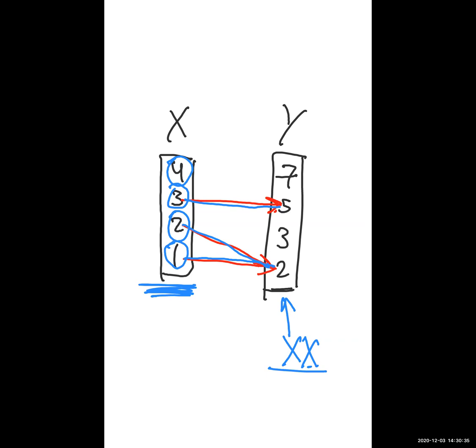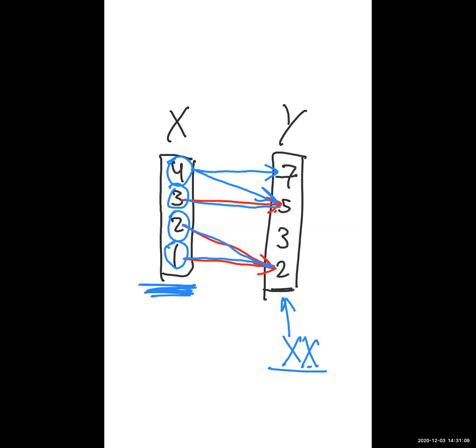If there is one arrow from 4 and one more arrow from 4 to 5, it will also not be a function, because 4 has 2 arrows, which means 4 appears 2 times as a first projection: 4 and 5, and 4 and 7.